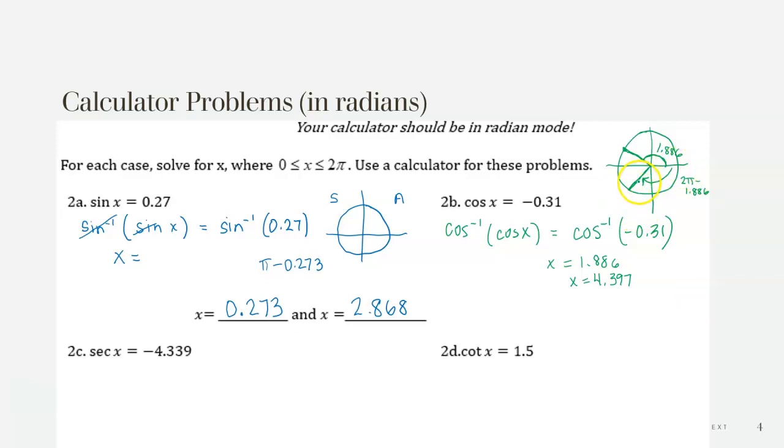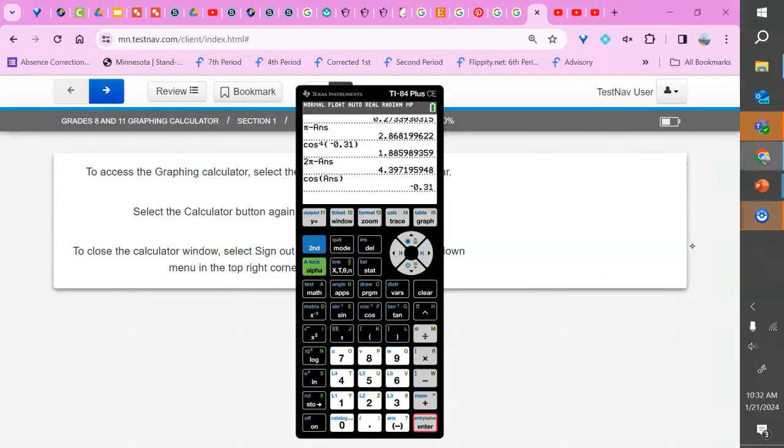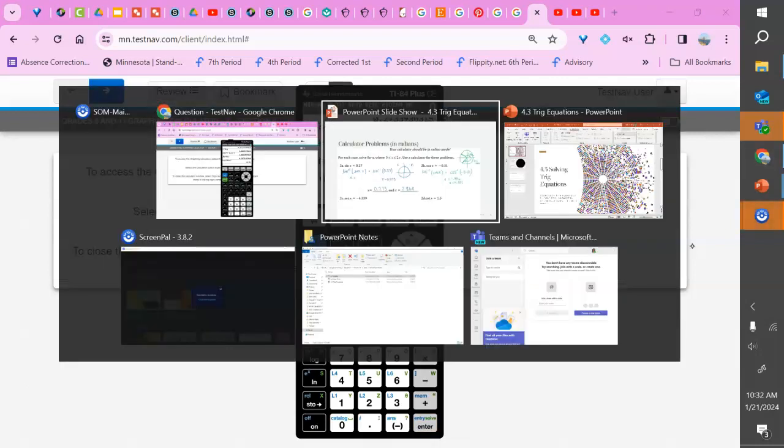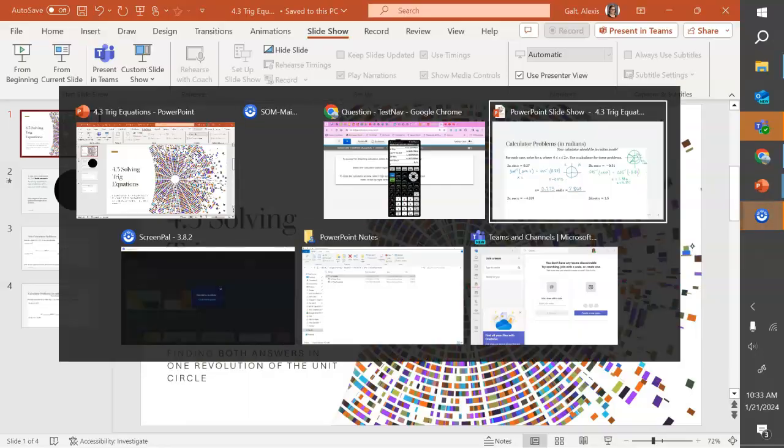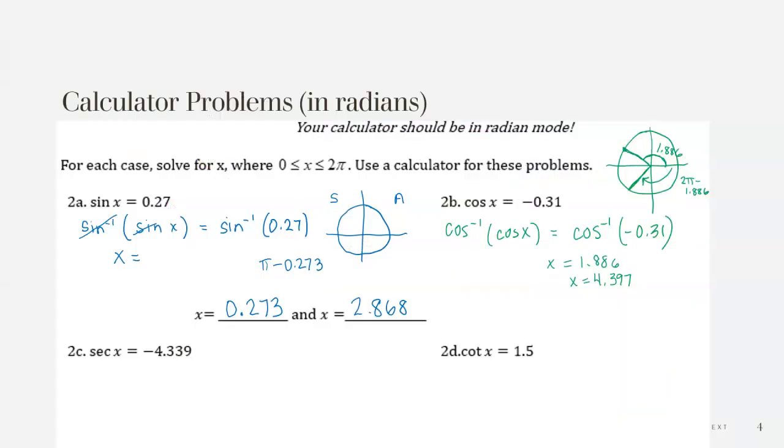So I'm going to do 2 pi minus 1.866 to get the other angle. I could check it by doing cosine of that angle to make sure that I get negative 0.31, and I did. So the two angles are 1.866 and 4.397, because those are in the correct quadrants.